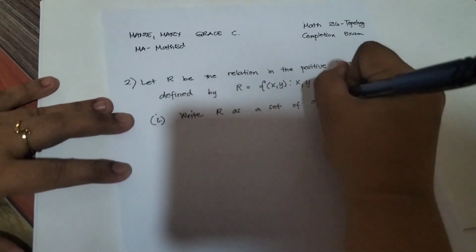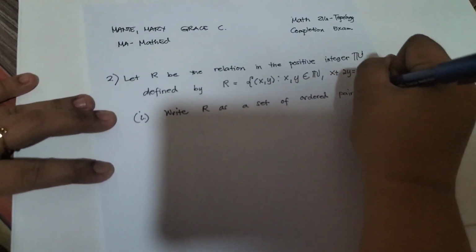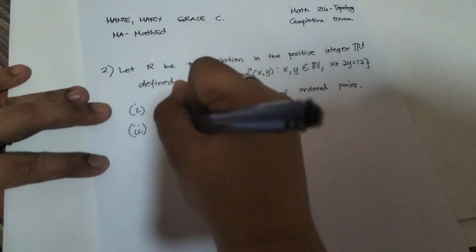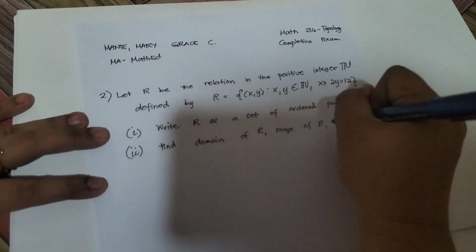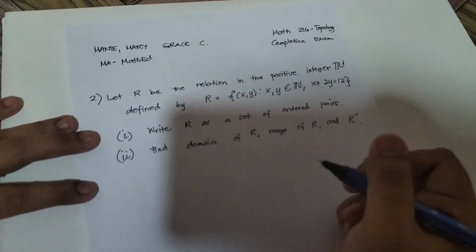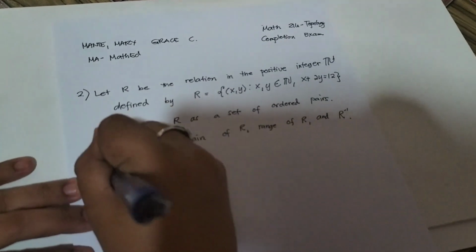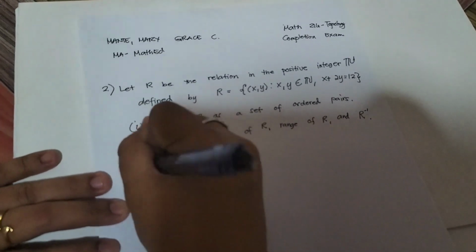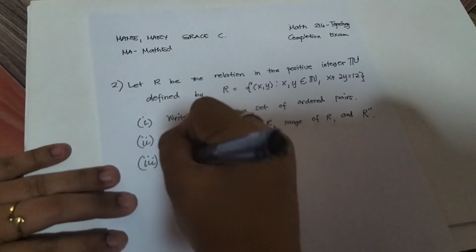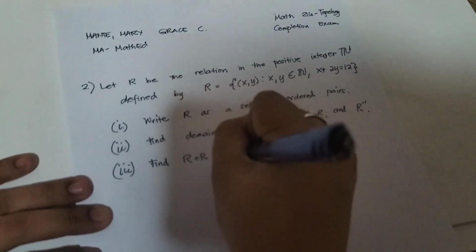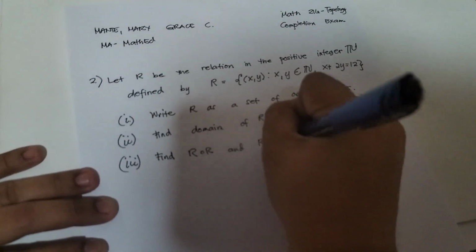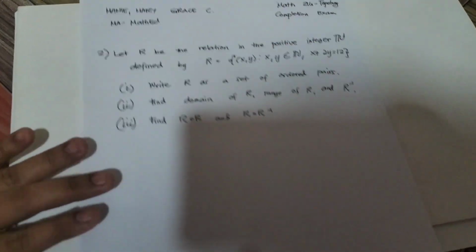First, write R as a set of ordered pairs. Second, find the domain of R, the range of R, and the inverse of R, or R raised to negative 1. Third, find the domain of R in relation to the range of R, and the domain of R in relation to the inverse of R, or R raised to negative 1.